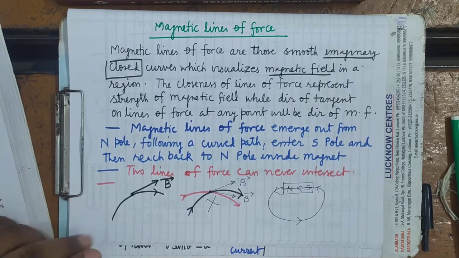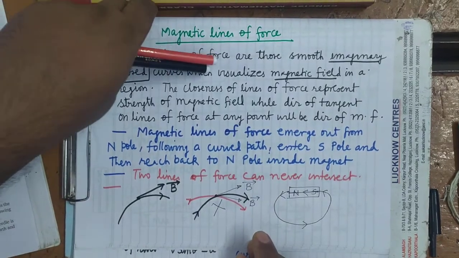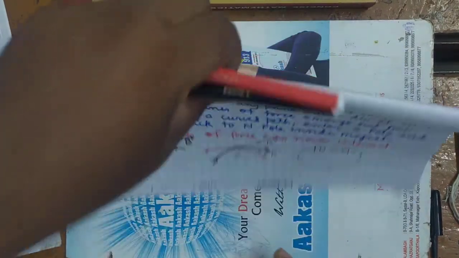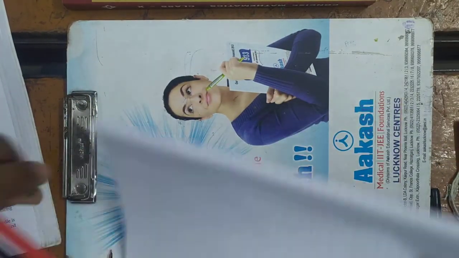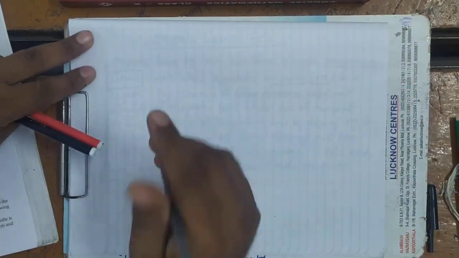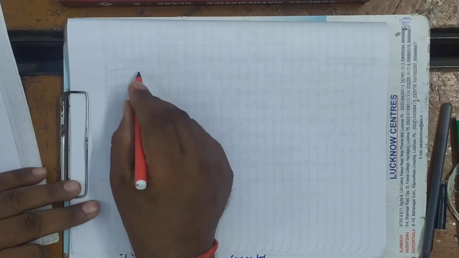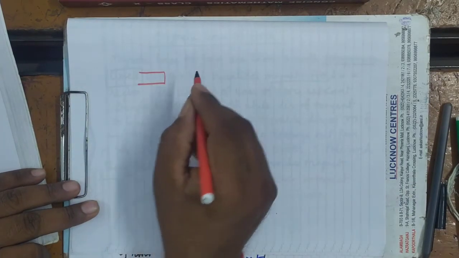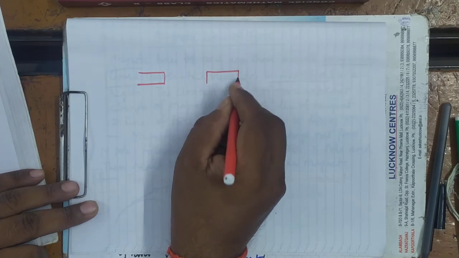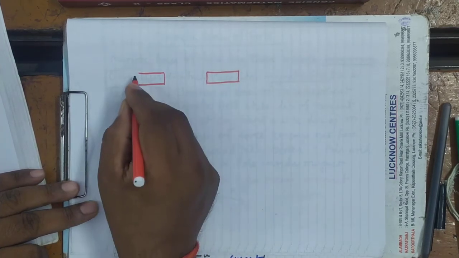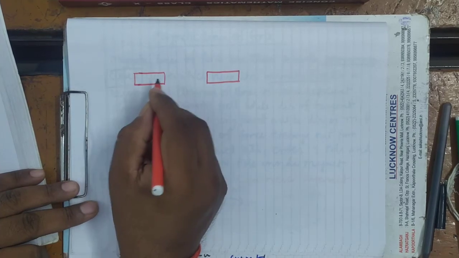If you see the pattern of magnetic field in between two like poles or in between two unlike poles, it's clear. As we know that like poles repel each other while unlike poles attract each other. So what will be the pattern of magnetic field in between two like poles, means between north poles or between south poles?